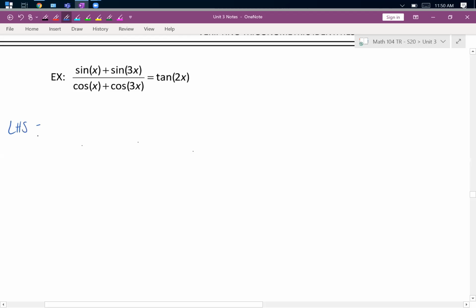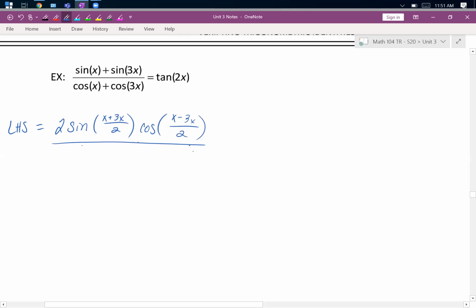So starting with the left-hand side, doing a sum to product formula on the top, that's going to be 2 sine of a plus b over 2. So that's x plus 3x over 2. And then cosine of x minus 3x over 2.